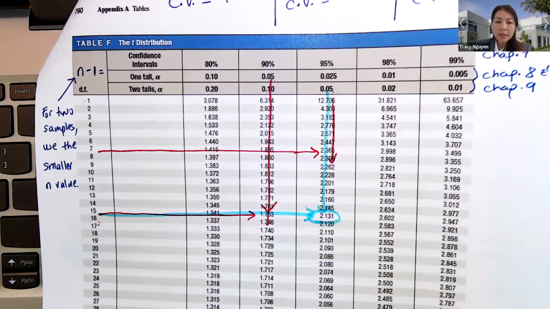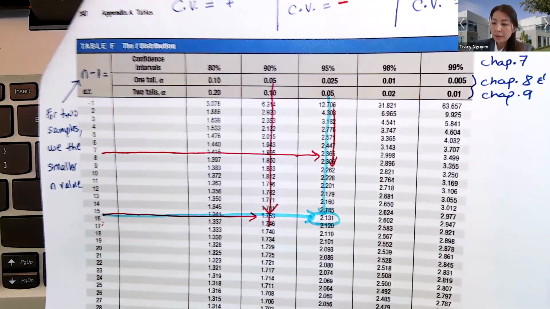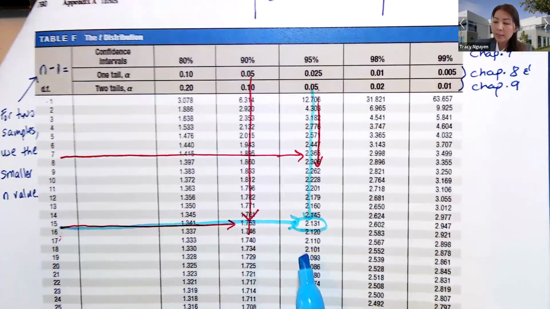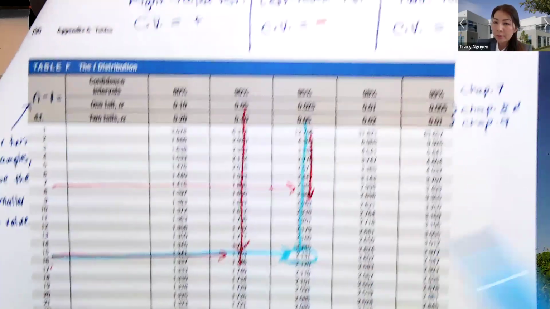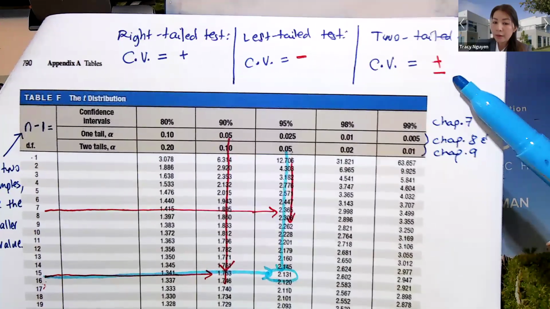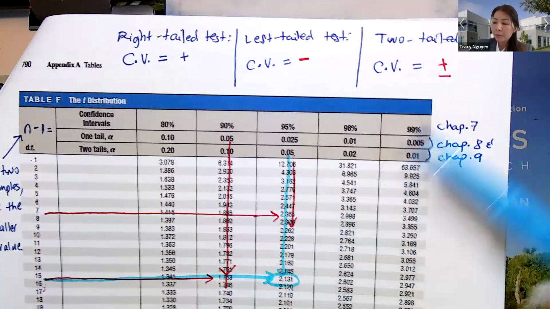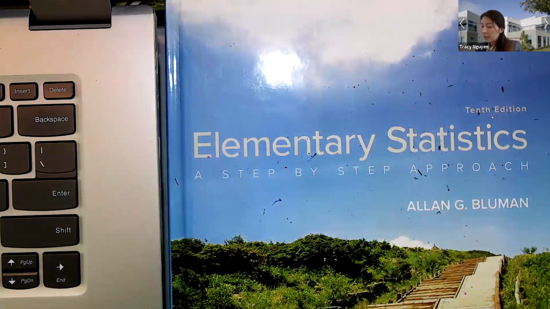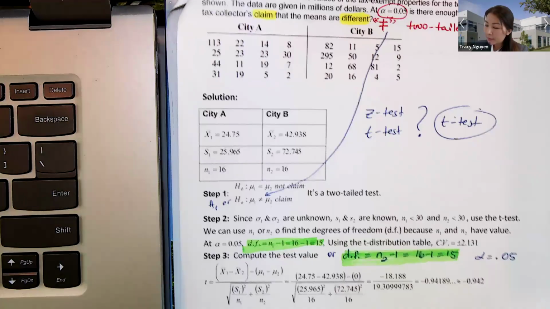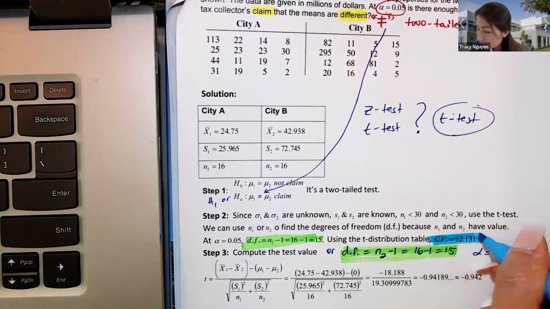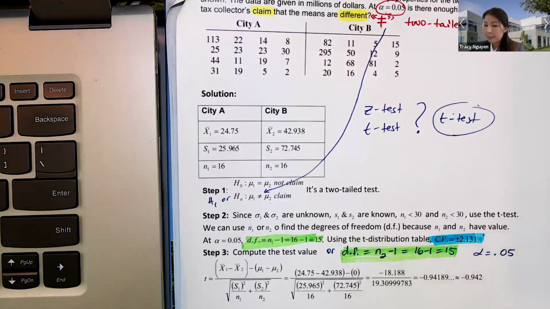So we're reading under two-tails alpha with alpha equals 0.05, the degree of freedom of 15, that gives us 2.131. Now, because it's a two-tail test, we expect to see two critical values. So our critical values will come out to be plus or minus 2.131. All right, so let's highlight these values here, because we're going to need them to draw our curve in step 4. Okay.